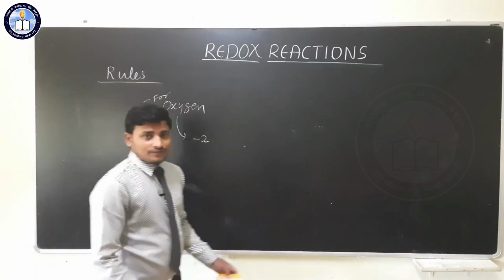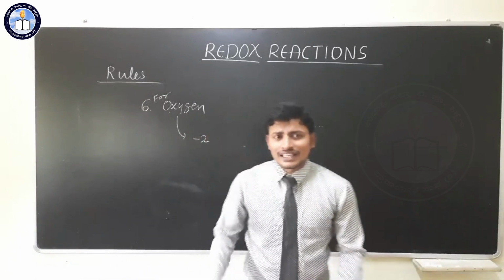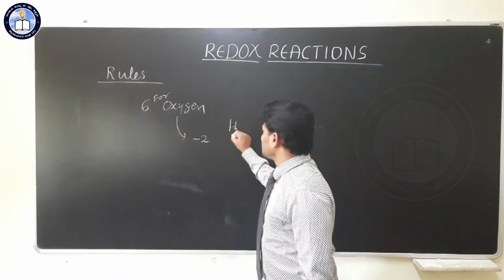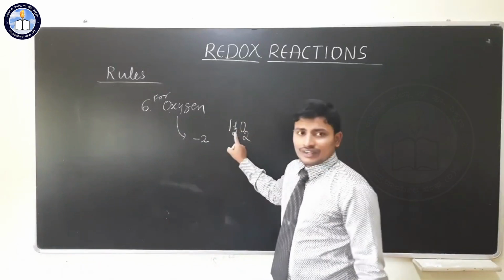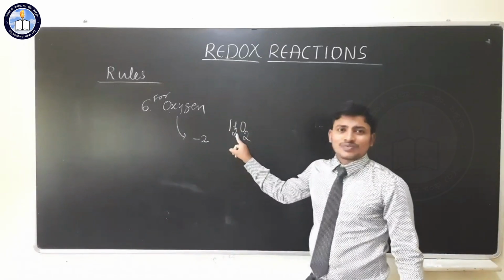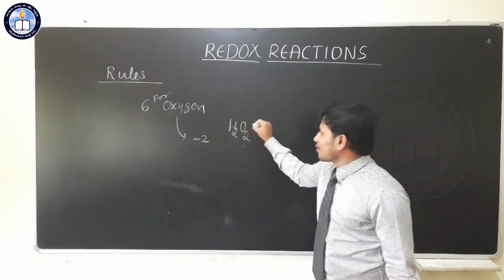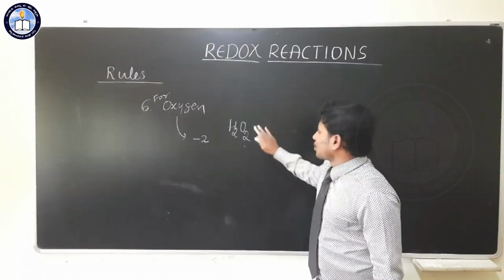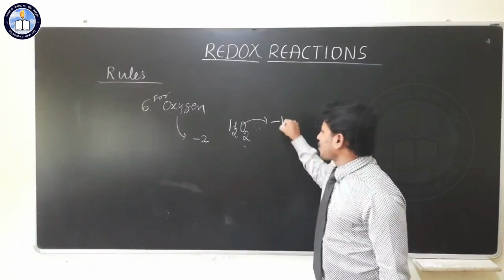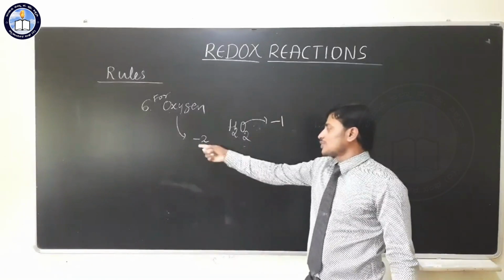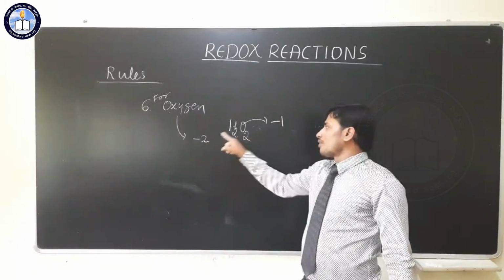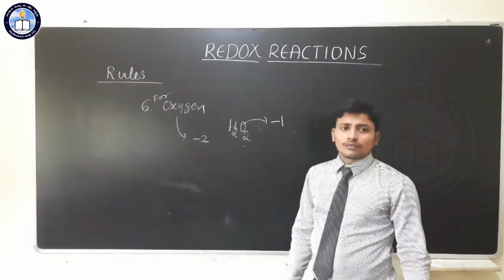If it is in a peroxide like H2O2, for oxygen we have to write -1 instead of -2.